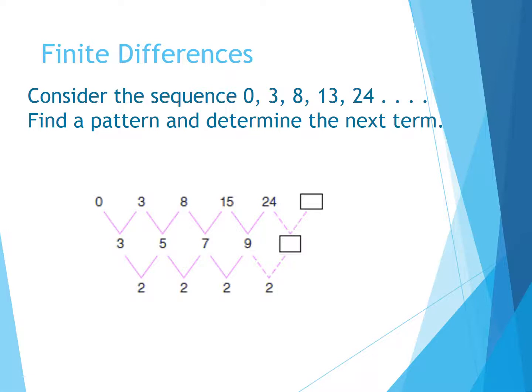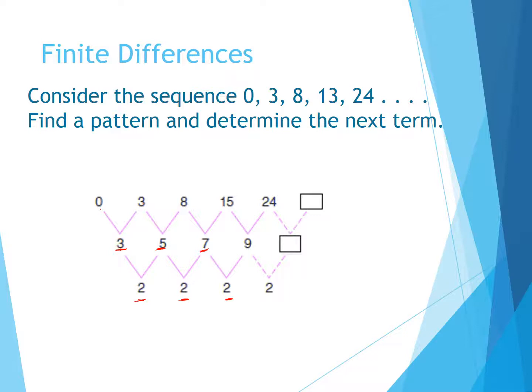So this is one kind of link between geometry and arithmetic. And then we have sequences where we might be able to find finite differences. So if I find the initial difference between 0 and 3, the difference is 3; between 3 and 8, the difference is 5. I don't have a common difference here. But if I look at the next step, 3 and 5 has a common difference of 2, and 5 and 7 has a common difference of 2.